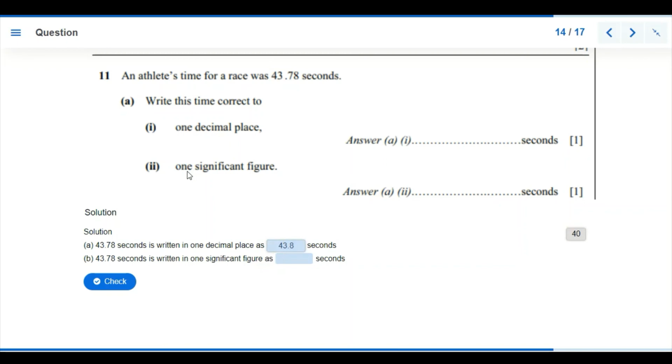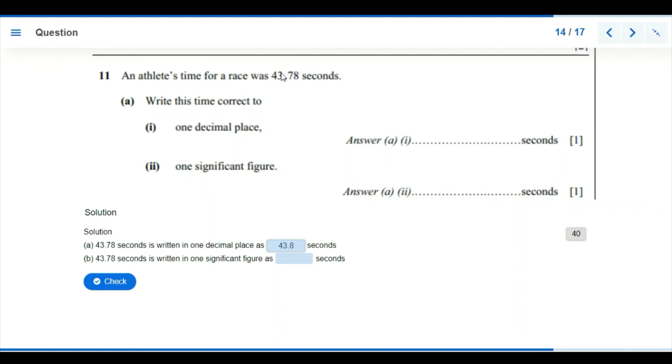Now, to one significant figure, I've told us before that we don't need the point. The decimal point is of no value. What we need is significant numbers, numbers that are very, very significant. So by the time we round this up to 7, it makes it 8. You can round 8 up as well to 3, that makes it 4.